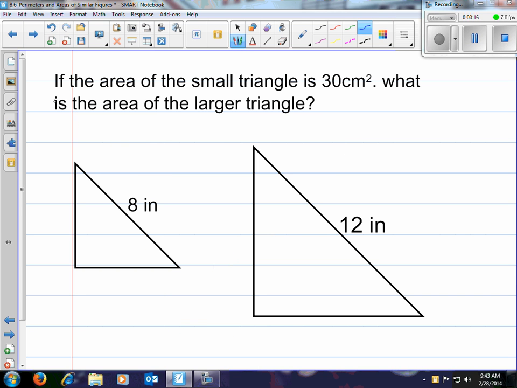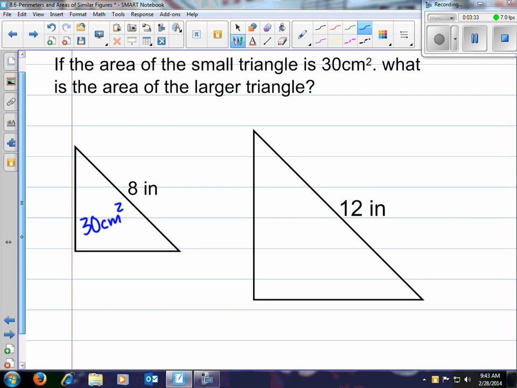Now the next example, it says, if the area of the small triangle is 30 centimeters squared, what is the area of the larger triangle? So this is where it starts to get a little bit different. I'm going to go ahead and write 30 centimeters squared in my small triangle so that I know exactly what I'm looking at in my pictures.